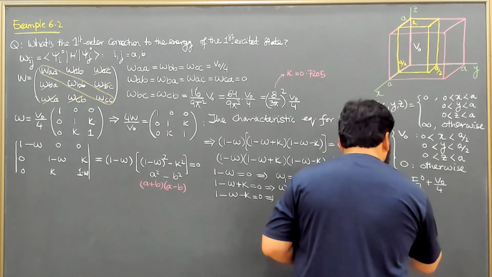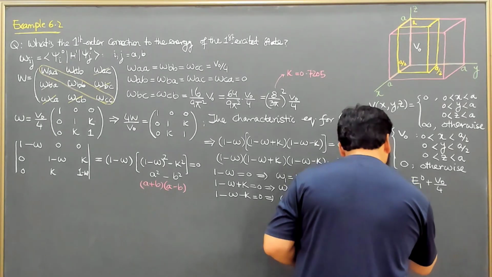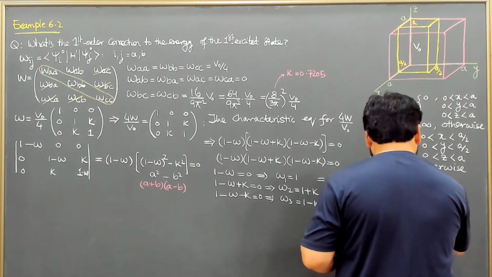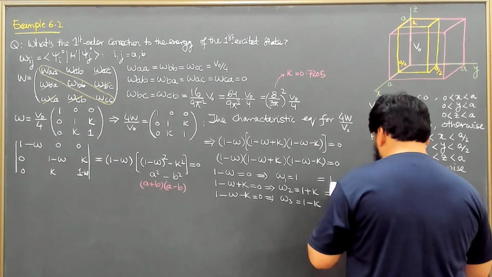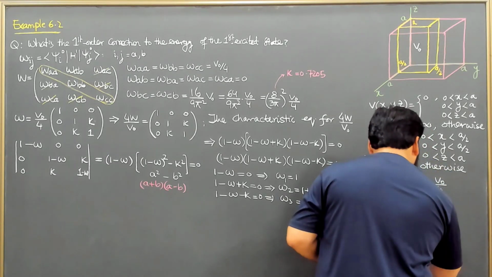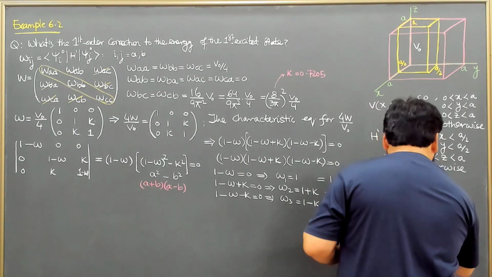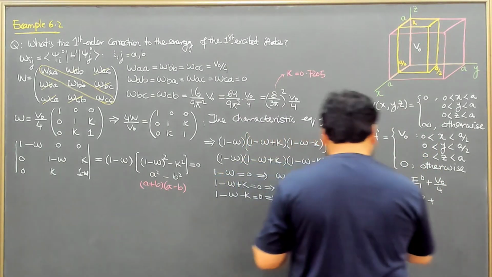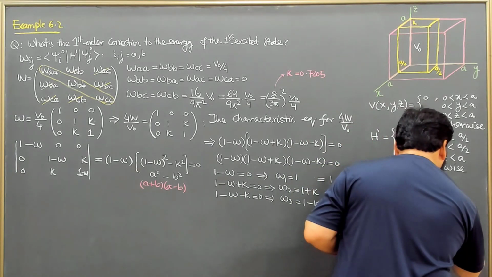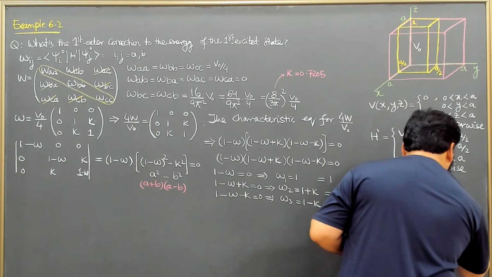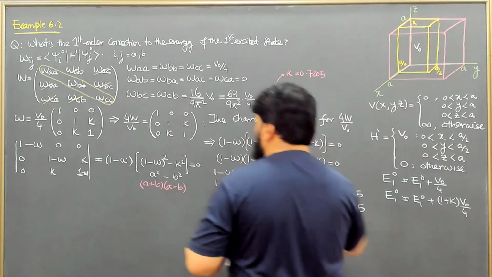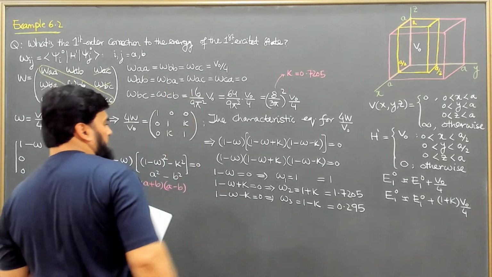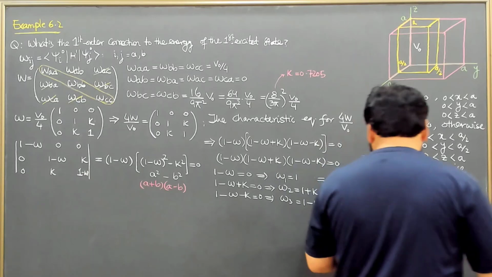The other energy is modified to approximately E10 plus (1 plus kappa) V0 over 4, because we have this 4 over V0, so W comes as V0 over 4.